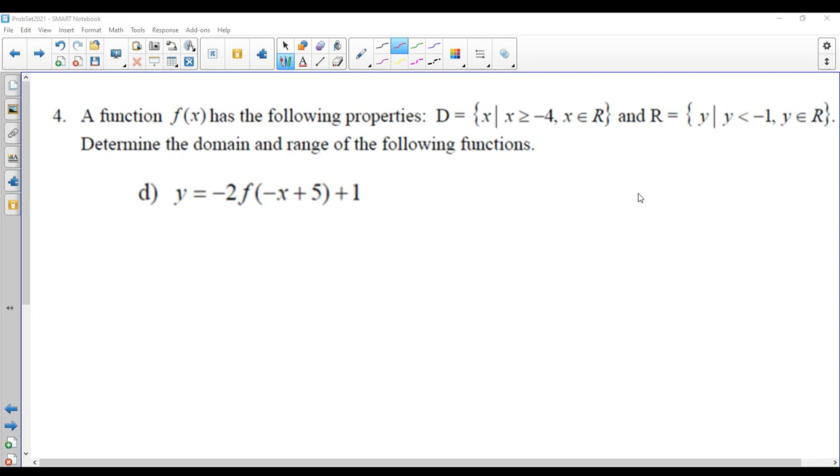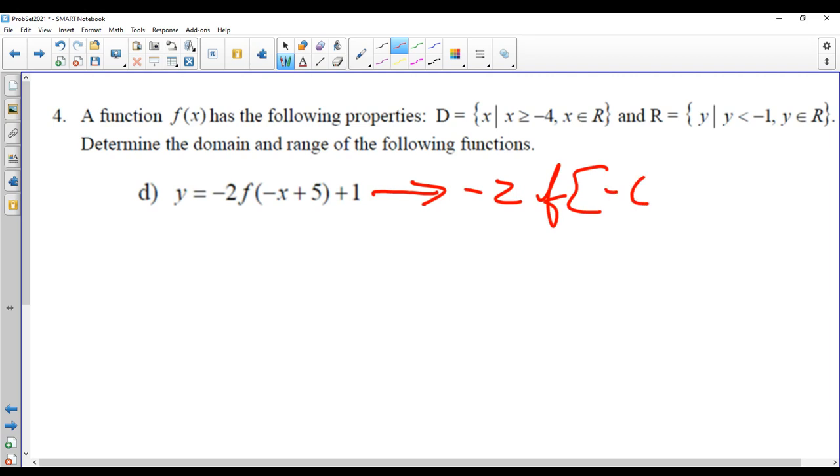Can you see anything that might make this a little easier to figure out by rewriting it a little bit? I'm kind of hinting at something here. Factoring out the negative, yes. So let's do that. I'm going to rewrite this as minus 2 f of, and I'm going to put minus here.